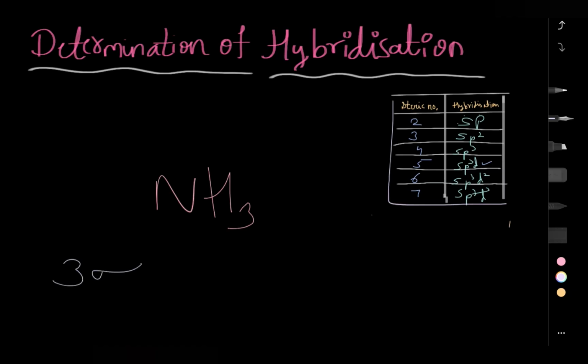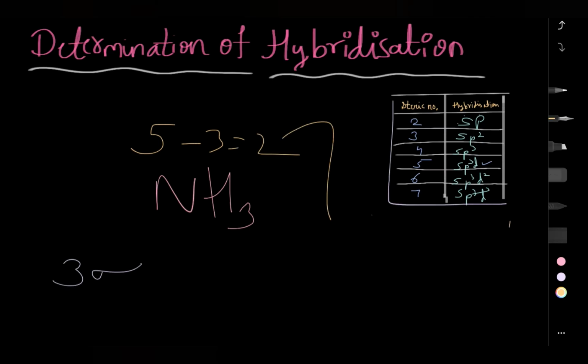Now the number of valence electrons with nitrogen is 5, and it is giving 3 electrons. Hydrogen needs 1 electron, and we have 3 hydrogens, 3 times 1 equals 3. So 5 minus 3 gives me 2.